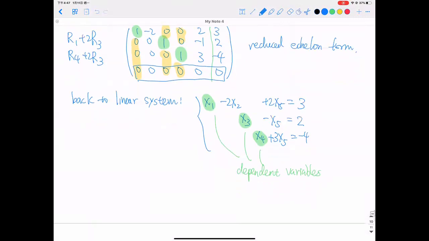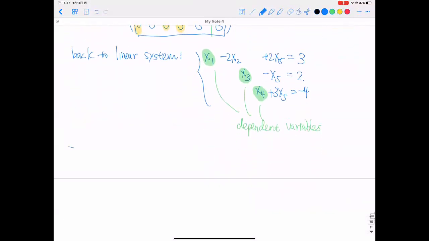Okay, so if we do that, we would get x1 equals 2x2 minus 2x5 plus 3. x3 equals x5 plus 2. x4 equals minus 3x5 minus 4.